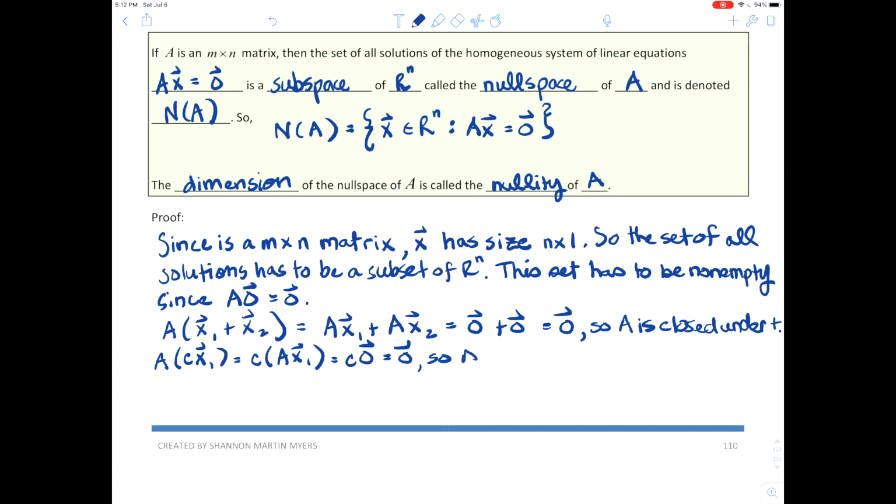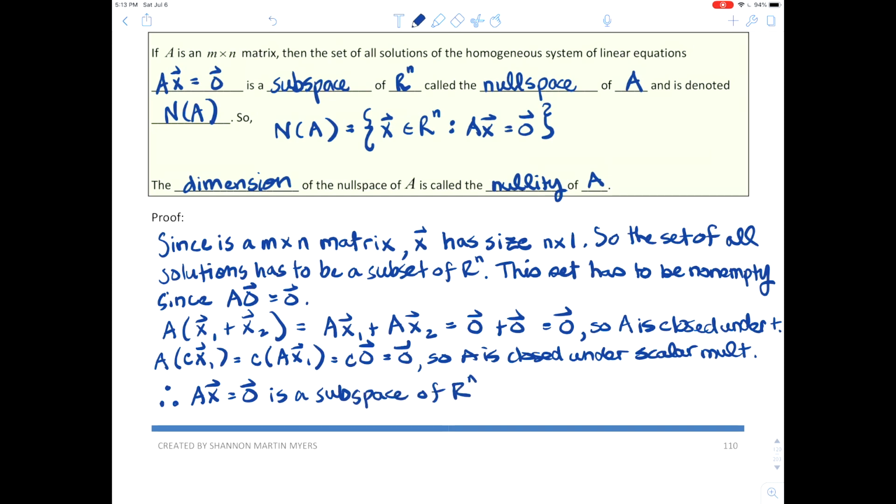So A is closed under scalar multiplication. Therefore, A times x equal to the 0 vector is a subspace of Rn. Cool, cool? Alrighty.